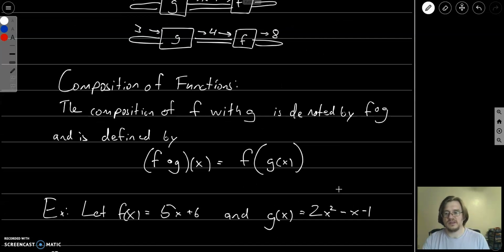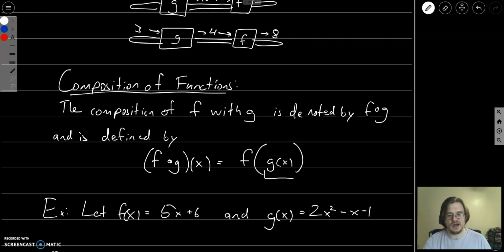The composition of functions is denoted by f composed with g. This composed with symbol is just a little circle. And what it means when we write f composed with g is the following. We first take x and we plug it into g.